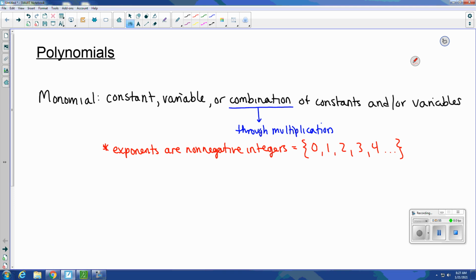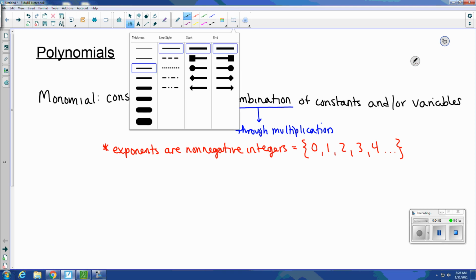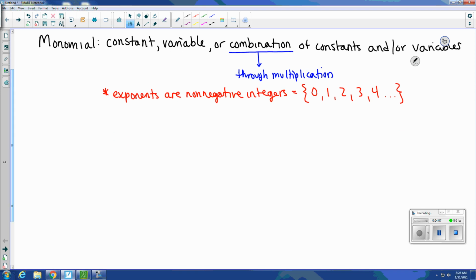So if we have monomials, we can combine those monomials through addition and subtraction. So let's say we take a monomial term. Let's call it c sub 0 for the constant term. Our variable raised to some exponent, we'll say n.